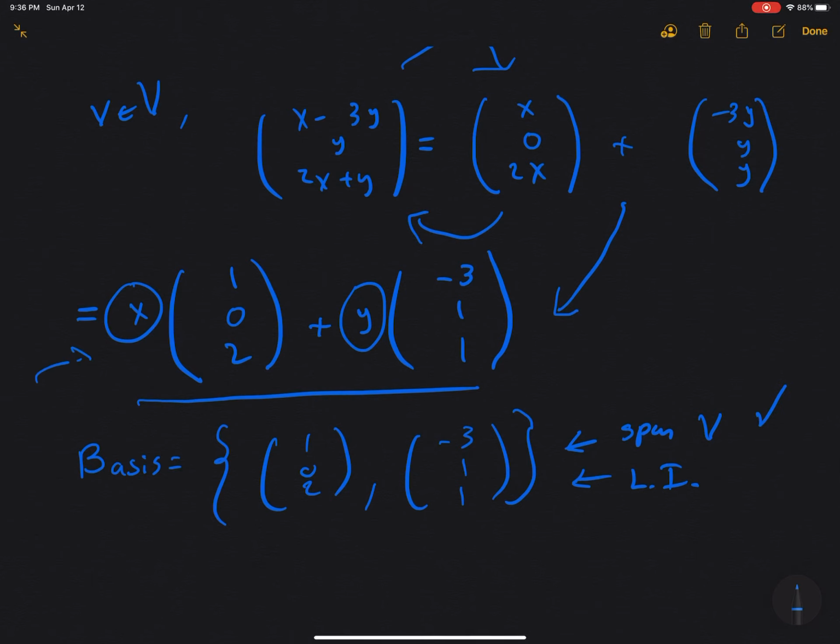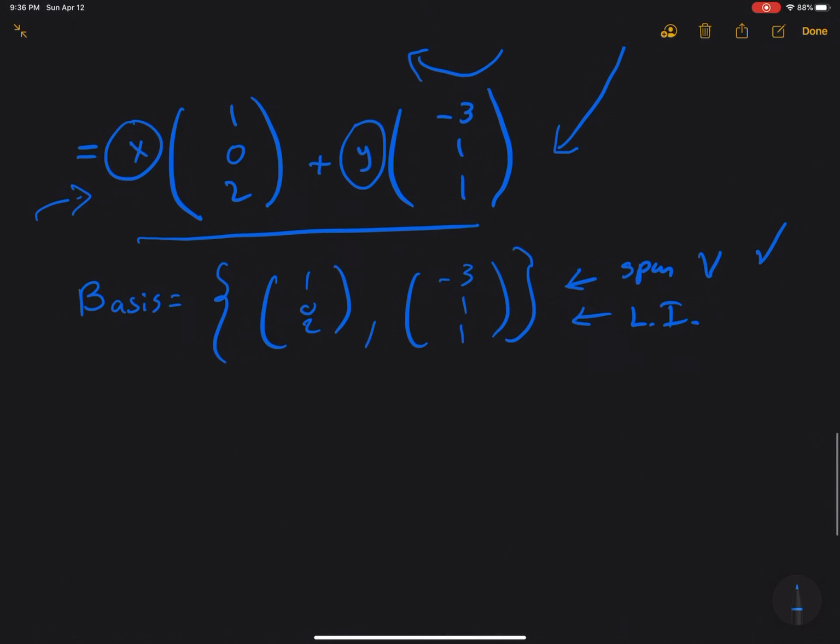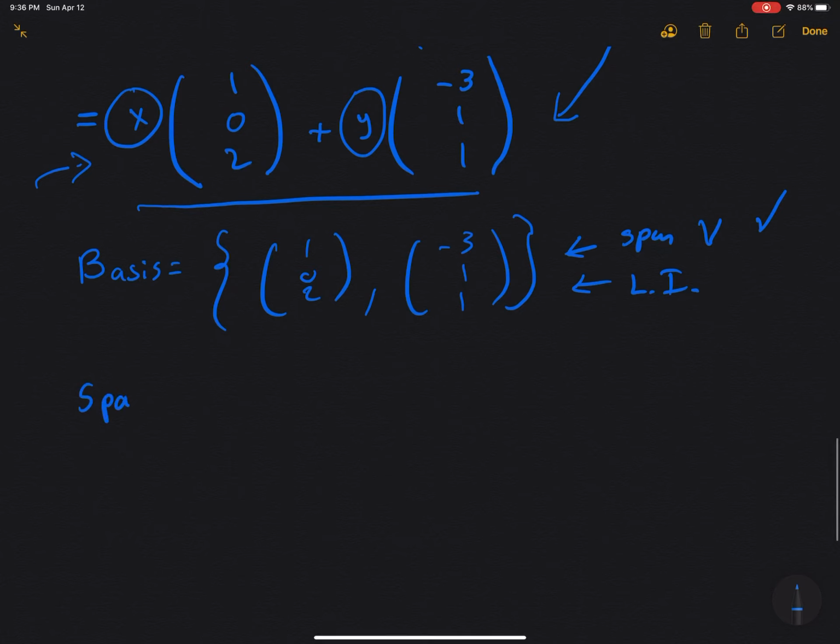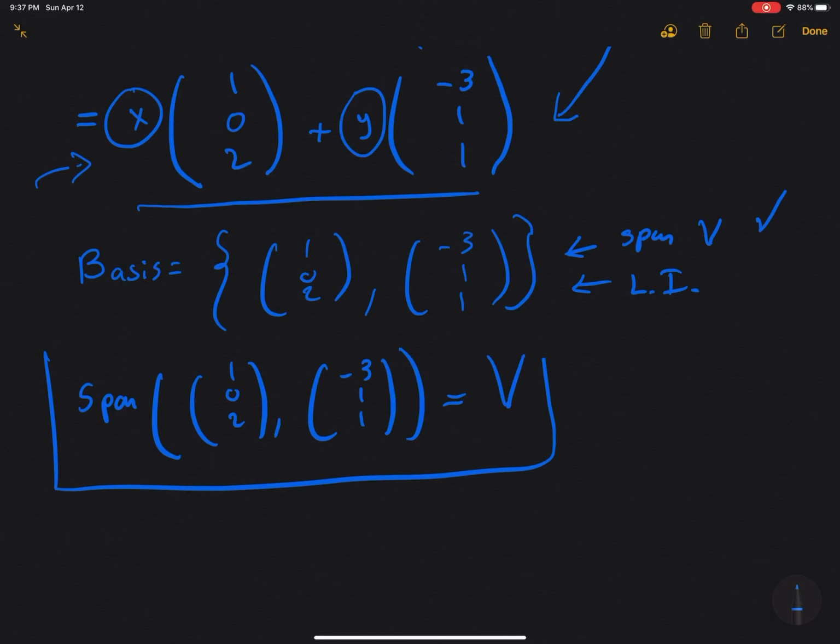Basically what I have up here is just a general linear combination of the two of them. So I indeed have that the span of these two vectors, the vector 1, 0, 2, and the vector negative 3, 1, 1, is indeed the whole vector space V. So we have that first thing.